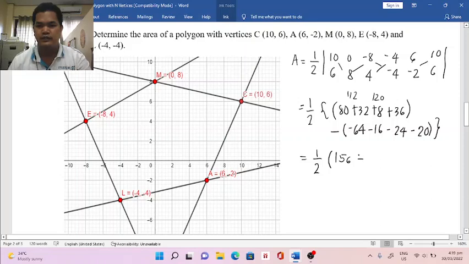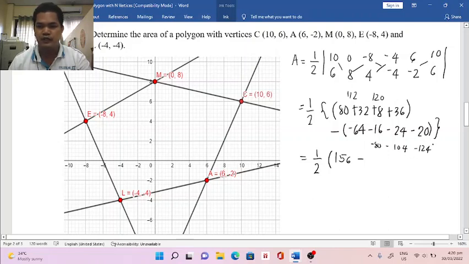Minus, this is negative 64, minus 16, that is negative 80, minus 24, negative 104, and then minus 20, that is negative 124.